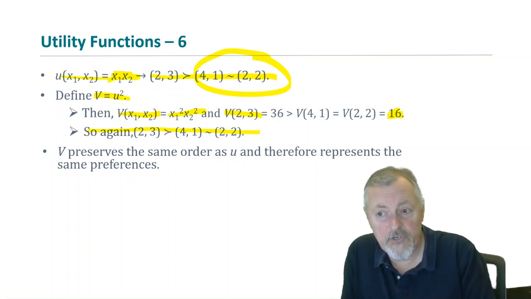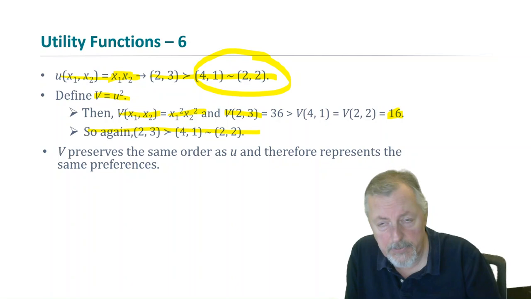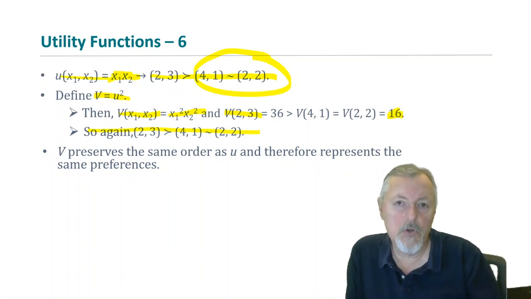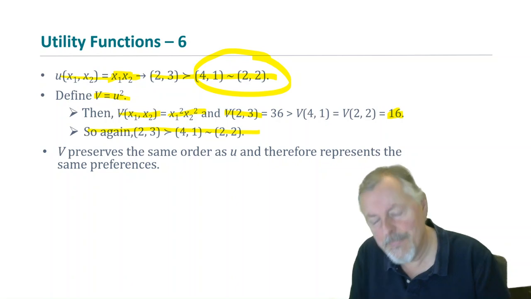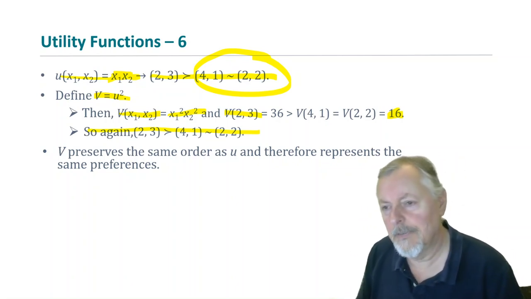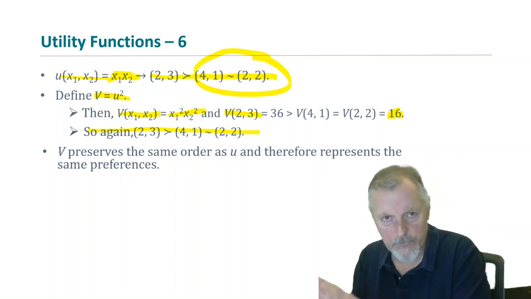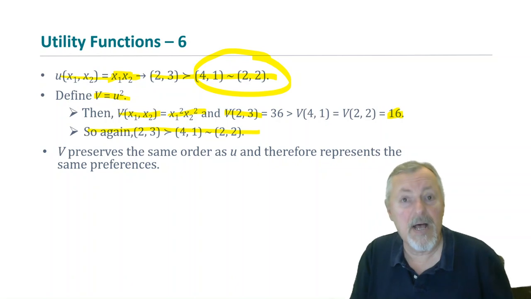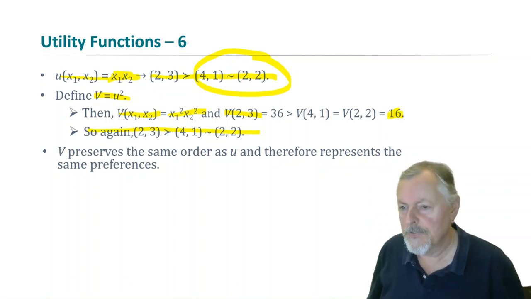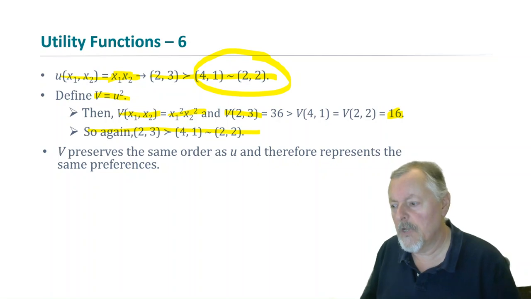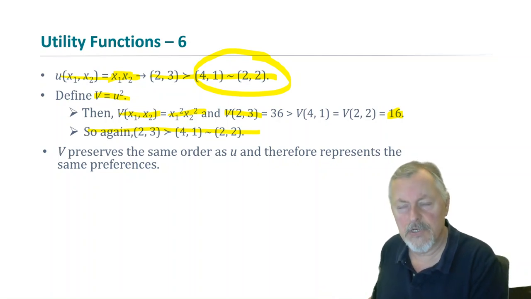The transformation of squaring the first utility function preserves the order, assuming that utility in the first case is all positive, and we define it as positive here. So squaring it is a monotonic transformation.